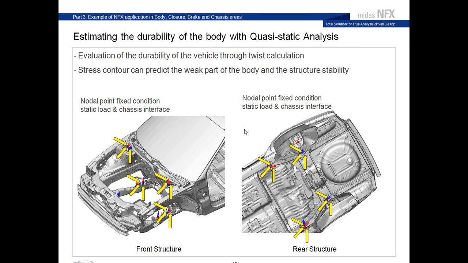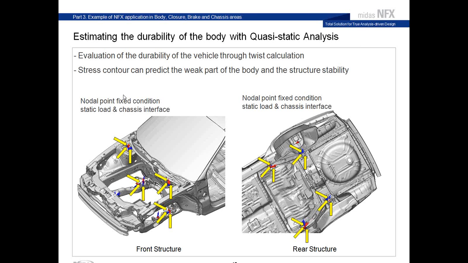Now, another way that we have to perform the analysis is a quasi-static analysis. It is a kind of nonlinear static analysis, but which considers the time. So it's not a real dynamic analysis for the moment, it's only quasi-static, and it is used to evaluate the durability of the vehicle through the twist calculation.